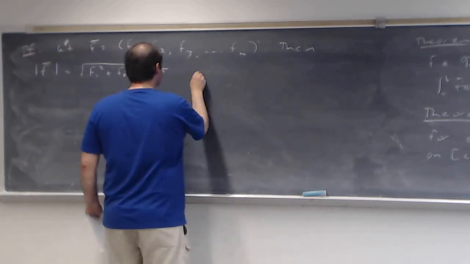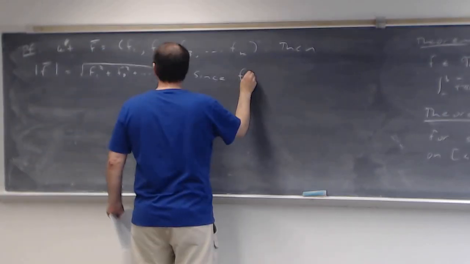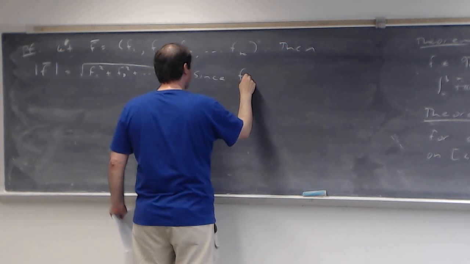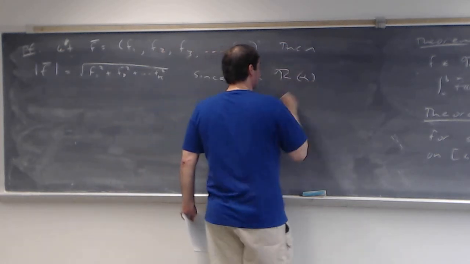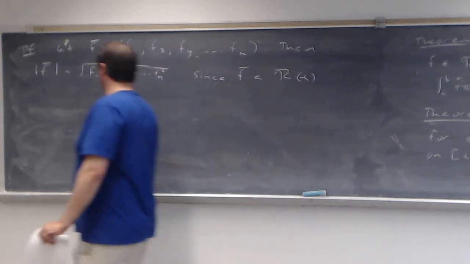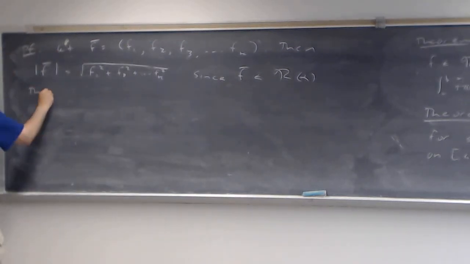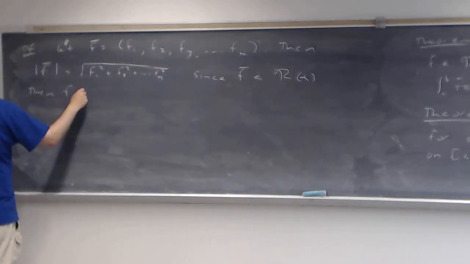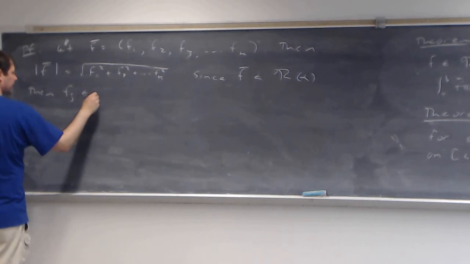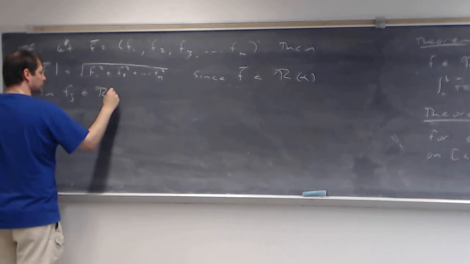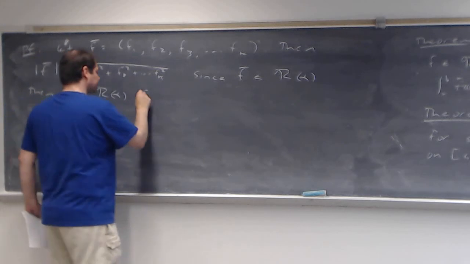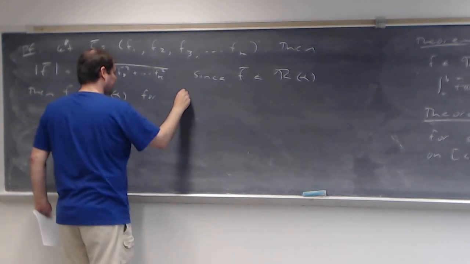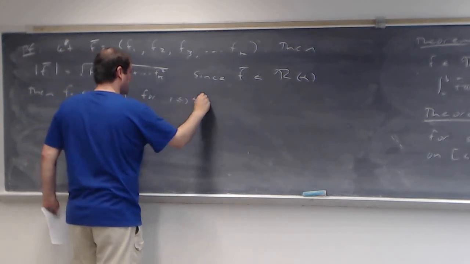Now, since f bar is an element of Riemann-Stieltjes integrable functions with respect to alpha, then f sub j will also be elements of Riemann-Stieltjes integrable functions with respect to alpha. And that's true for each j between 1 and k.